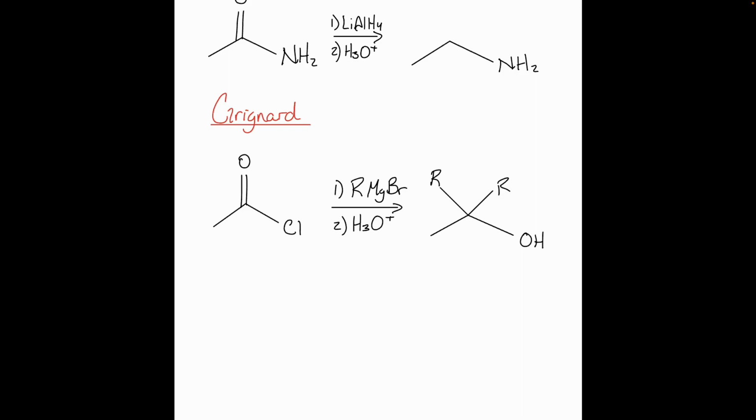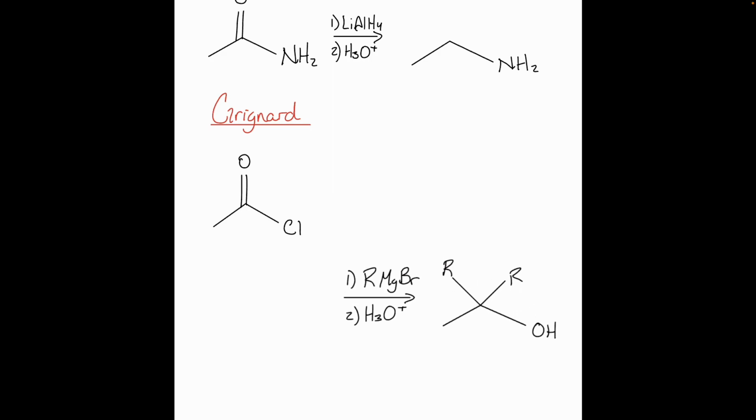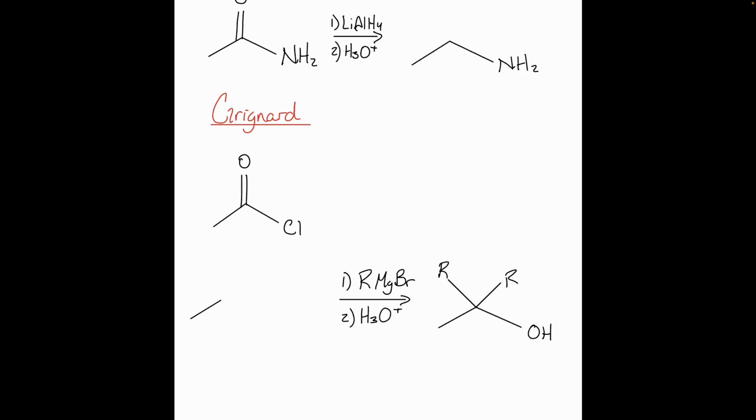Okay. We would get this same product if we started with some of our other carboxylic acid derivatives. If we started out with an acid anhydride, same product when treated with a Grignard. Or if we started out with an ester, we would get that same product when treated with a Grignard. All right, all 3 of these would lead to that same alcohol product, not a primary alcohol, all right?